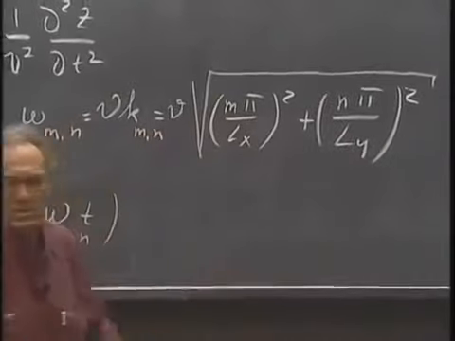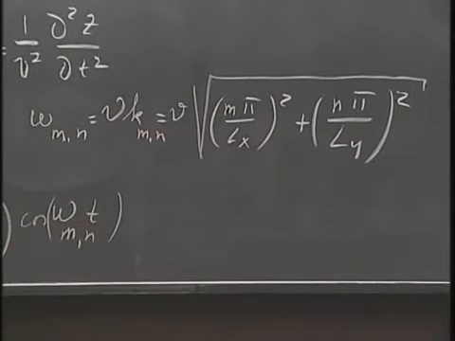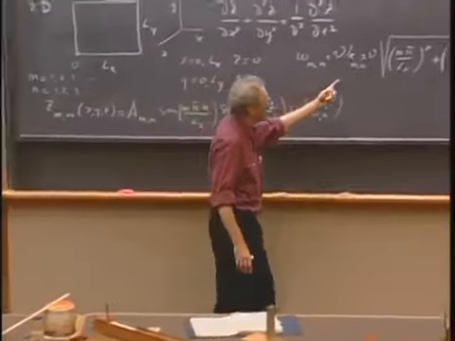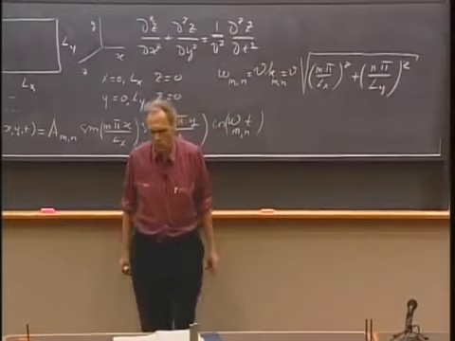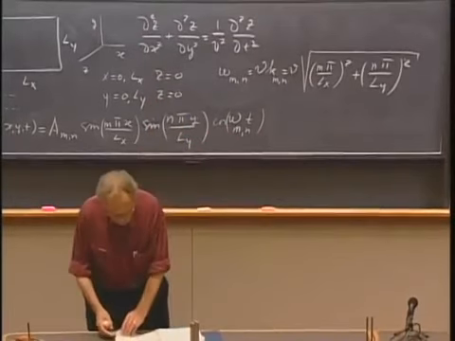This now sets the entire range of all possible normal mode frequencies. So now you can play with Miri m, and you can play with Nancy n, and you can cocktail that in all combinations that you want to.